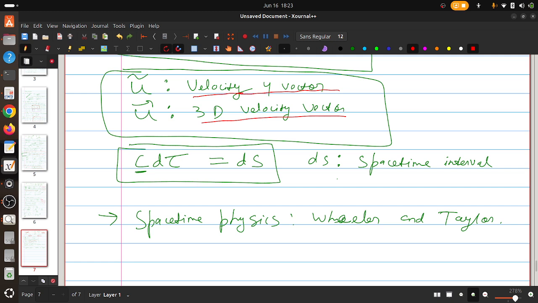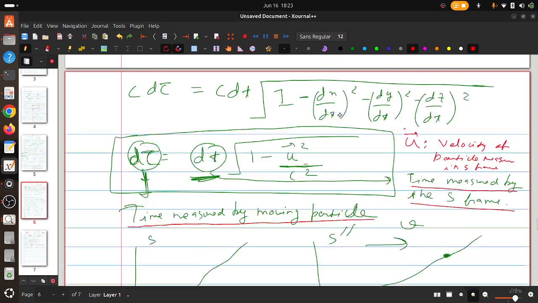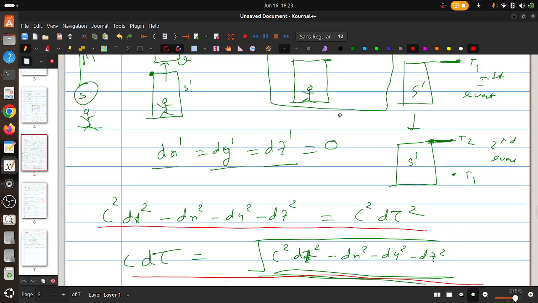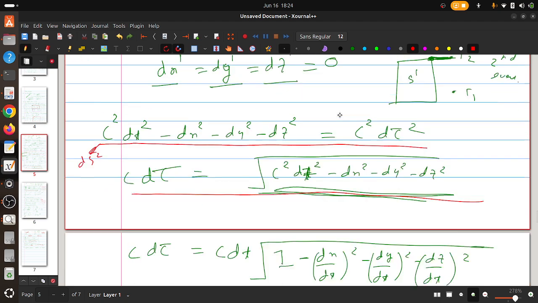Okay, and just a simple notational clarification: c d tau can also be written as ds, where ds is the general notation for the space-time interval, which we can see from here as well, because this c d tau squared is equal to this one, and this is ds squared, the space-time interval. So c d tau is basically ds.